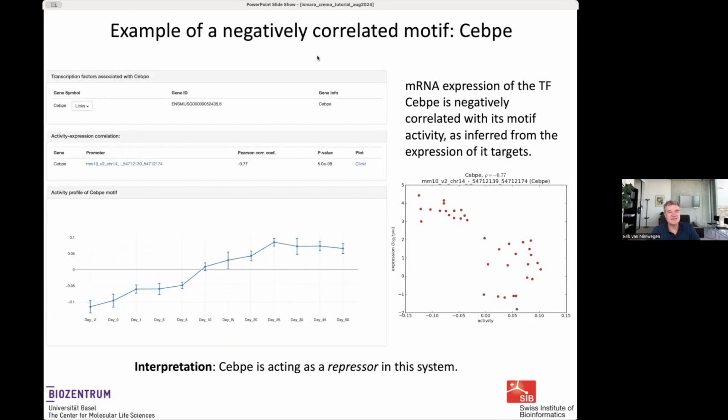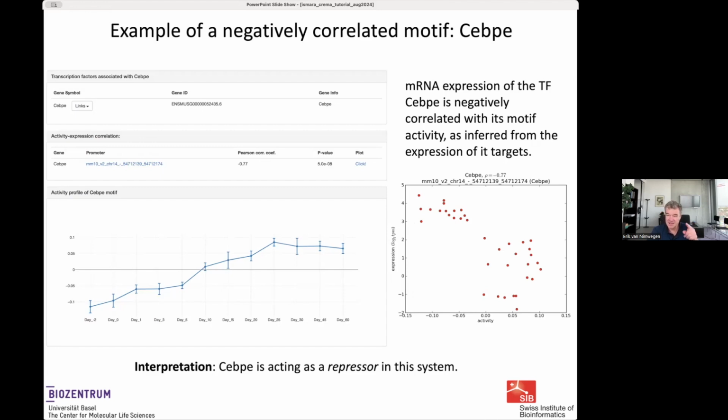Now, here's another example from further down the list. This is CEBPE. The targets of this motif also go up over time, so its motif activity goes up with time. But when you look at the correlation plot, you see that there is a negative correlation, right? As the motif activity goes up, the expression level of this transcription factor goes down by a factor of about 30-fold or something like this.